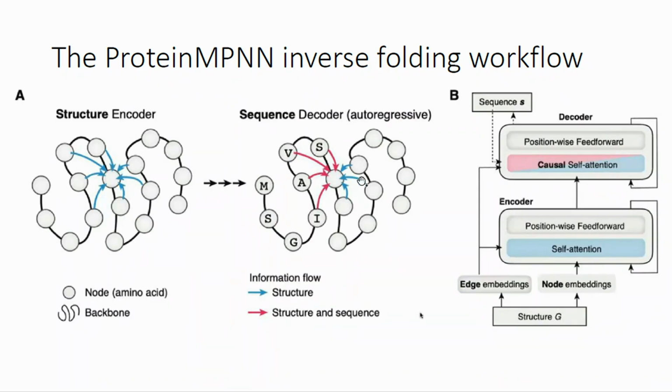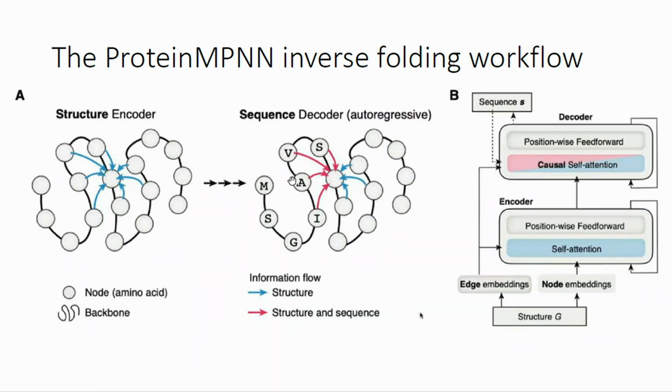And then in the decoding stage, they decode autoregressively. At this stage, you can think of this geometric graph as having each node associated with a scalar feature, which is the type of the amino acid, a one-hot feature. At the beginning, it is a mask. Basically, all the positions are treated as masked.